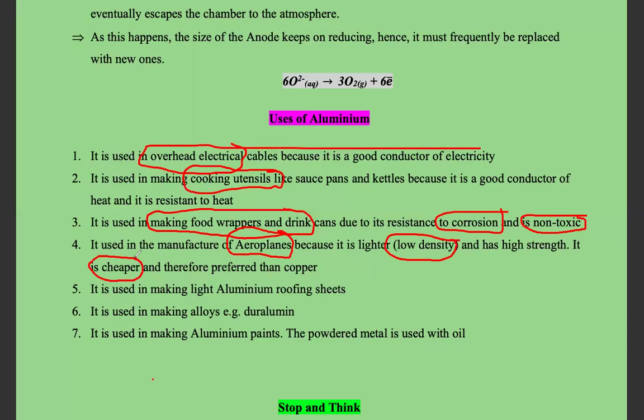So we need to make sure that we use something of low density. It is also used for making iron sheets, making alloys, also making paints, among other uses of aluminium. So that's how we extract aluminium.